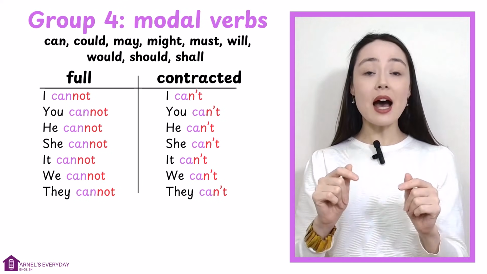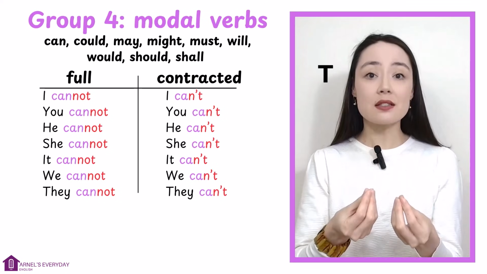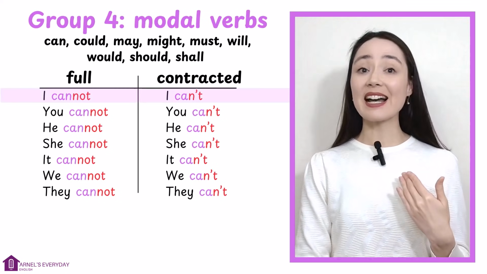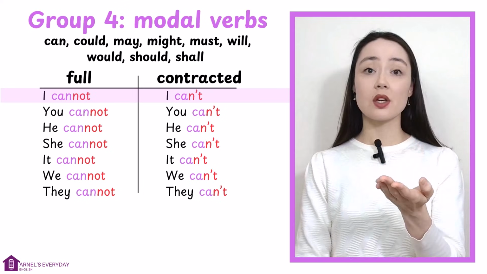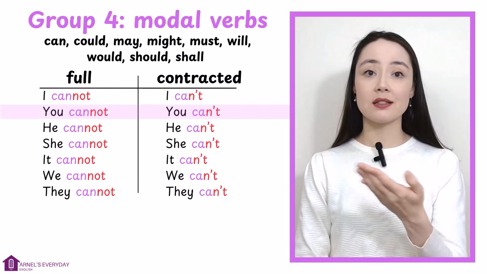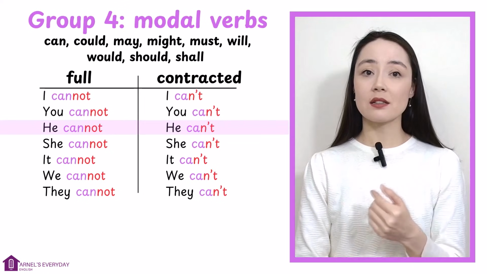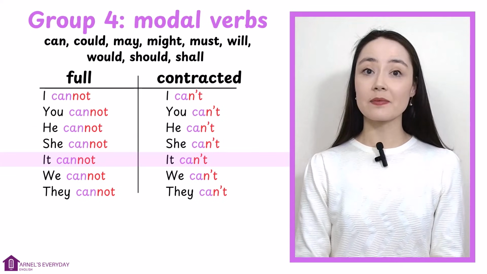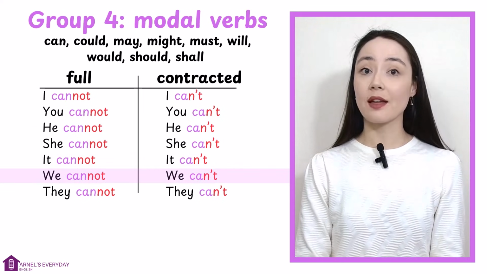For today's lesson, I want you to add that little t sound so it's clear it's the negative. I can't. You can't. He can't. She can't. It can't. We can't. They can't.